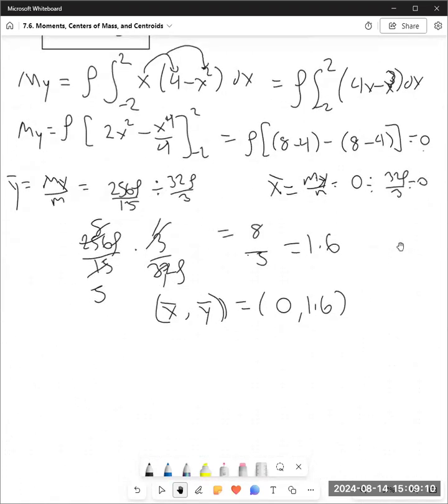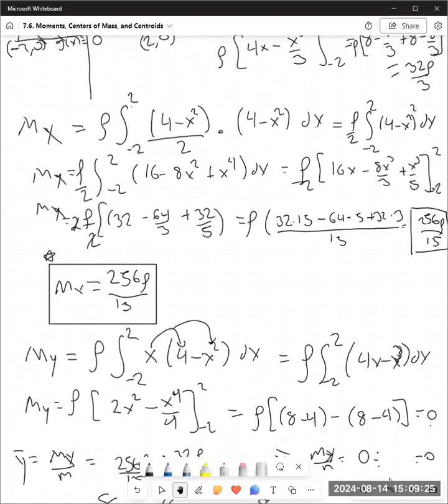So your x bar is going to be m sub y over m, which is just going to be 0 divided by whatever we said that first one up there was.